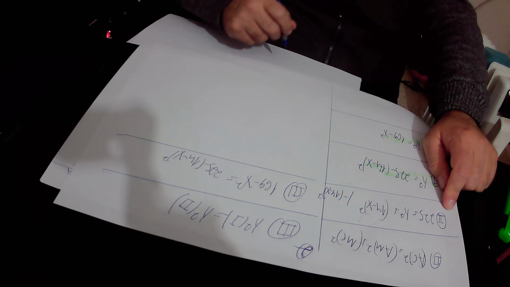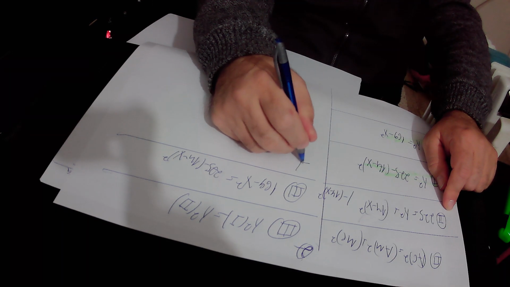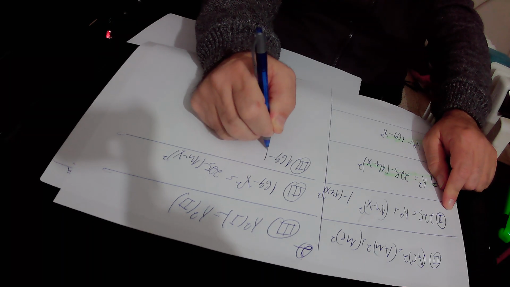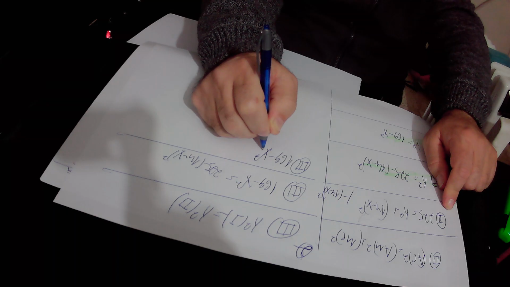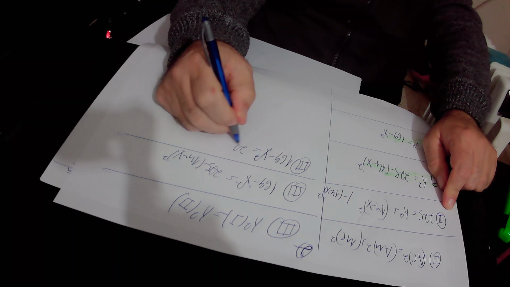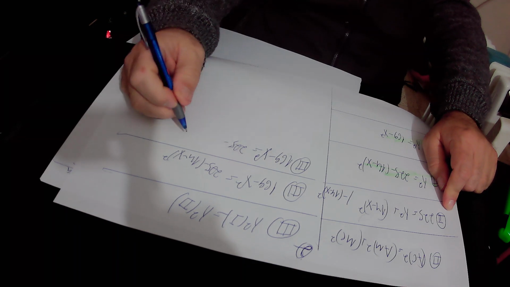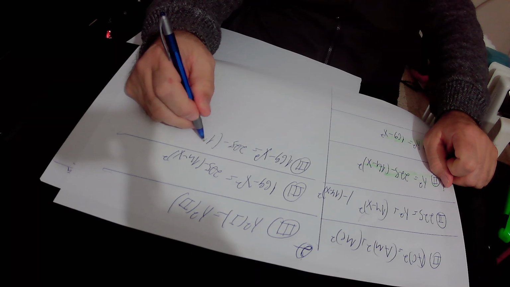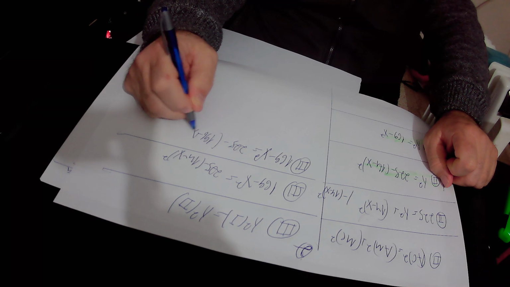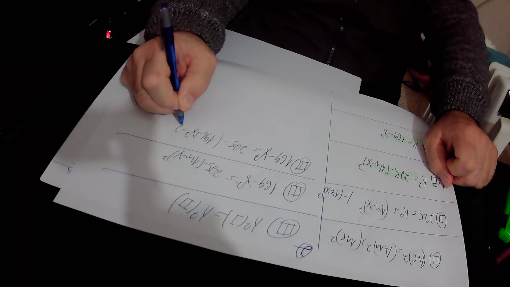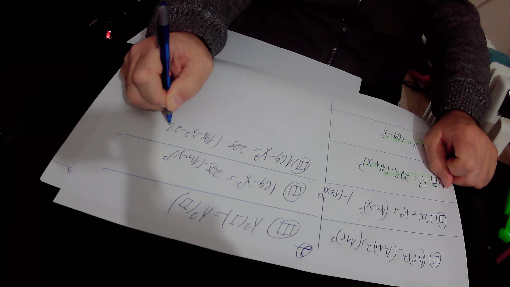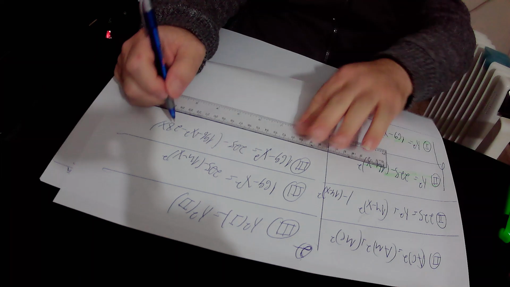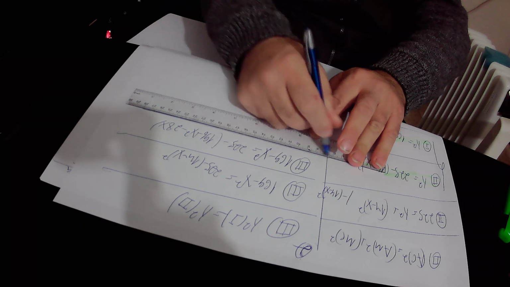So according to equation number 3, 169 minus X squared equals 225 minus (14 minus X) squared. (14 minus X) squared equals 14 squared, that is 196, plus X squared minus 2 times 14X, that is minus 28X.